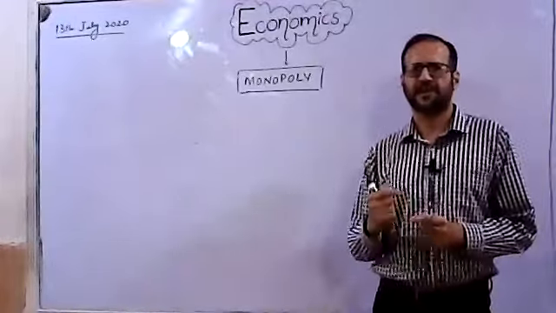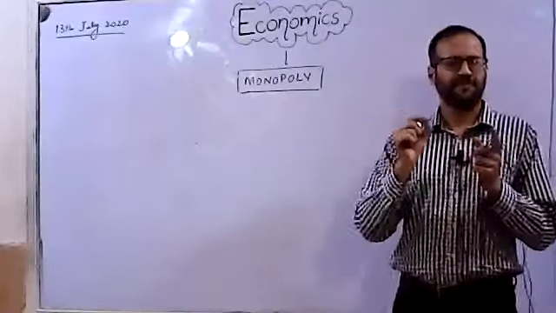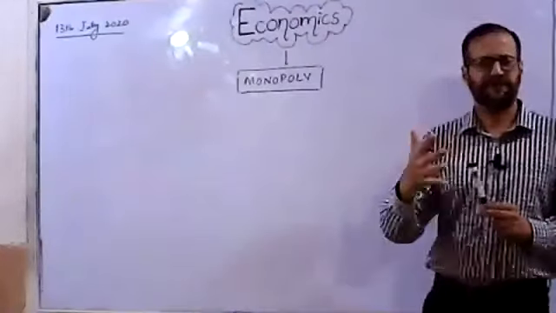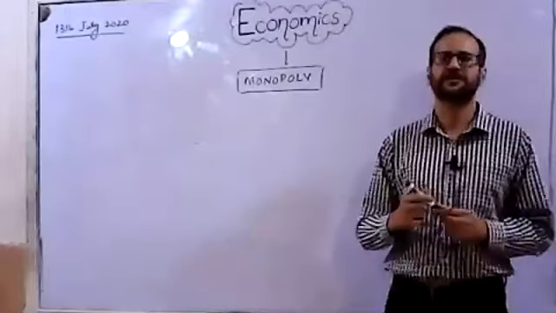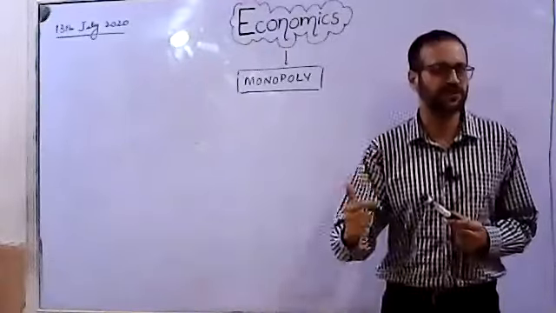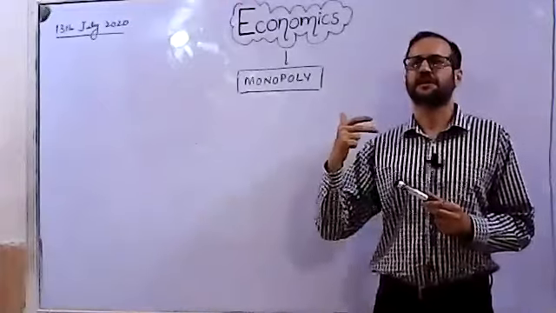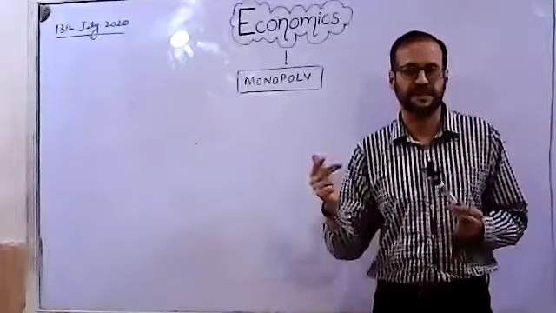So taking a quick relook, what were the characteristics of perfect competition? They were like 5 points, right? We had a large number of buyers and sellers. We had homogeneous prices and product. Then there is free entry and exit of firms in the industry.